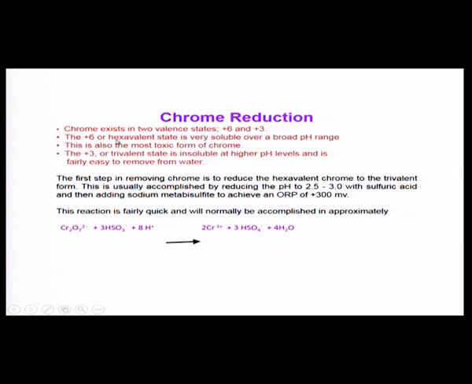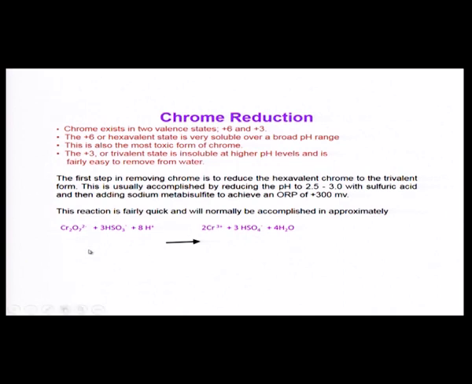So, the very important step is reducing or converting the hexavalent chromium into trivalent chromium, and this is accomplished by a variety of reducing agents in slightly acidic medium. For example, sodium metabisulfite is one of the important chemicals used in industries. Other things are iron, ascorbic acid, and many other reducing agents employed for this purpose.